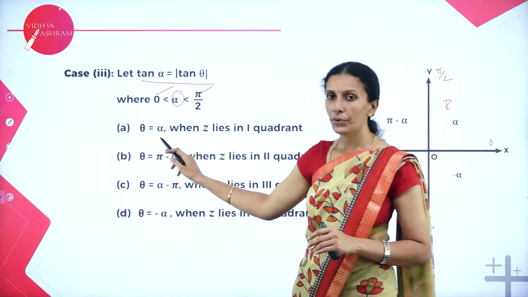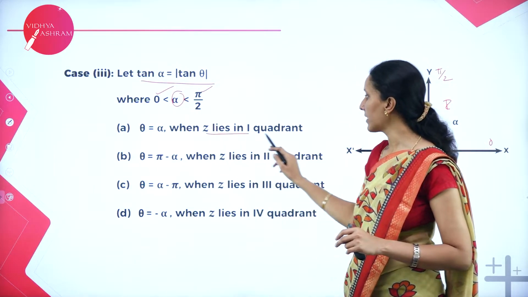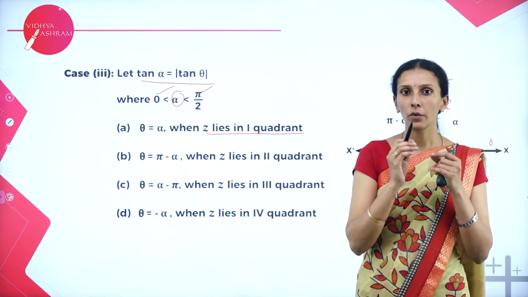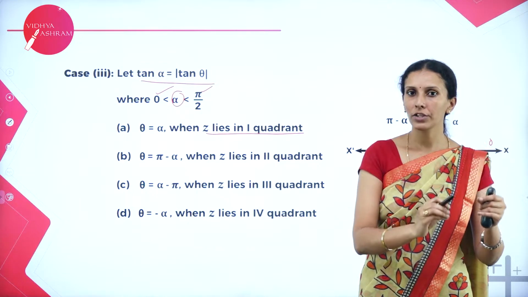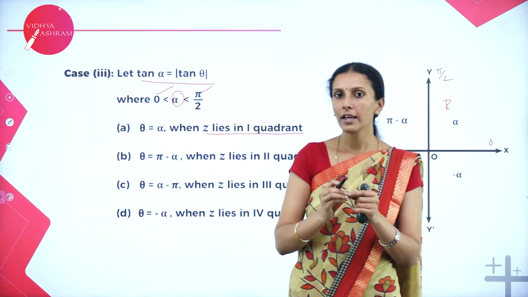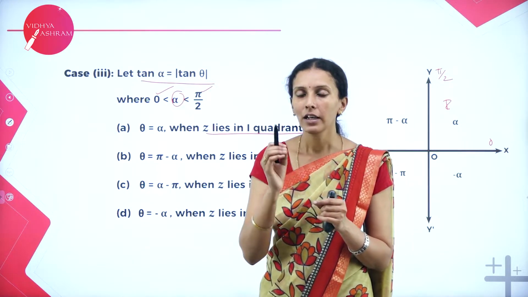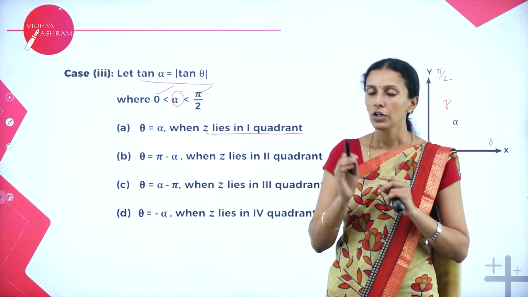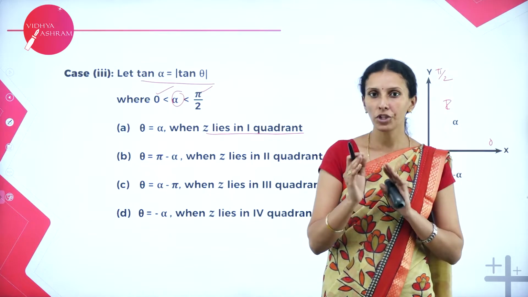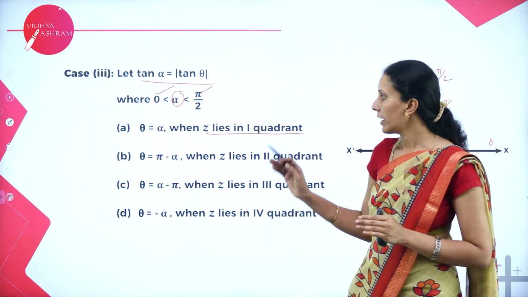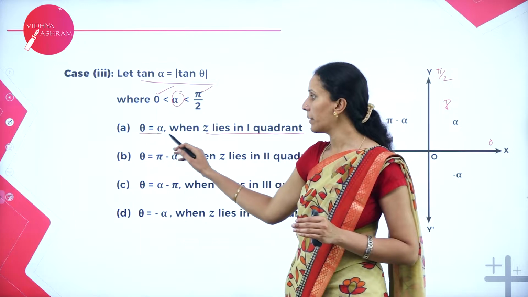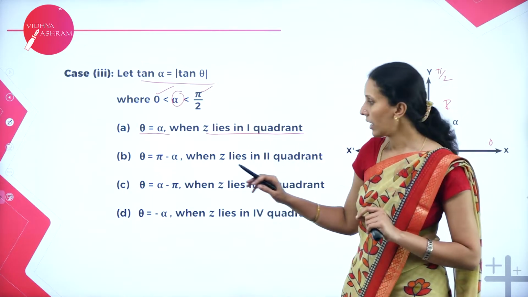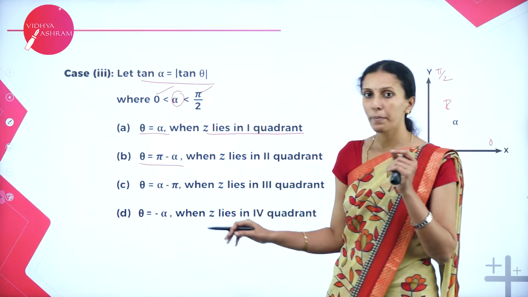Theta will be equal to alpha if z lies in the first quadrant. Remember, where is tan positive and negative in the four quadrants? We know tan is positive in the first and third quadrants and negative in the second and fourth quadrants. So according to that, we have to change the theta. In the first quadrant, theta will be equal to alpha. In the second quadrant, theta is taken as pi minus alpha.